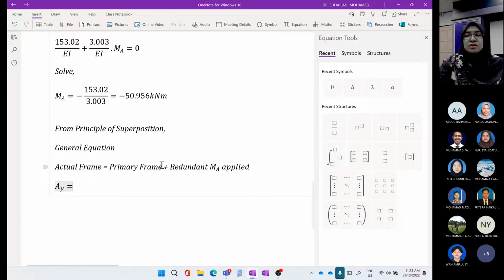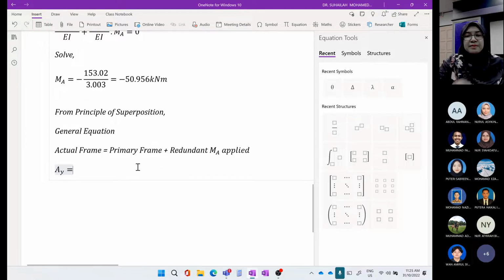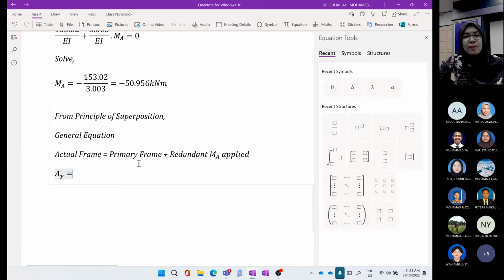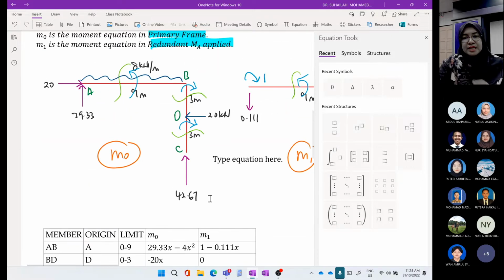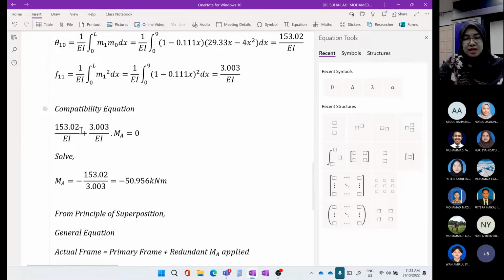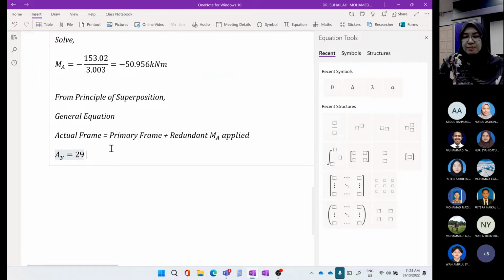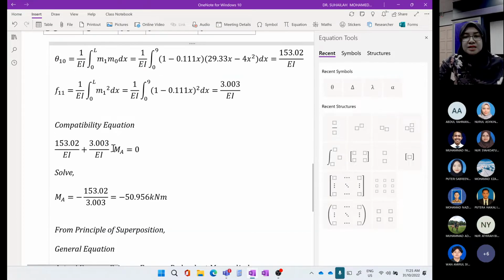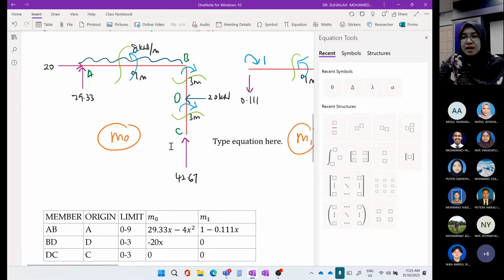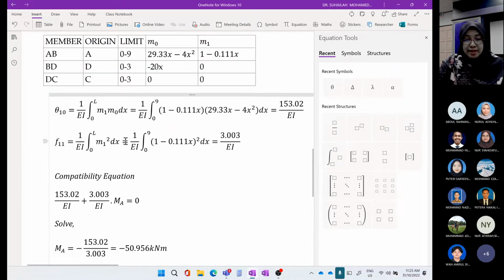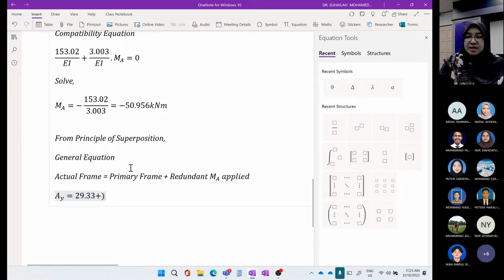Okay, so in primary frame, AY for primary frame is 29.33. So it is 29.33 plus negative 0.111.